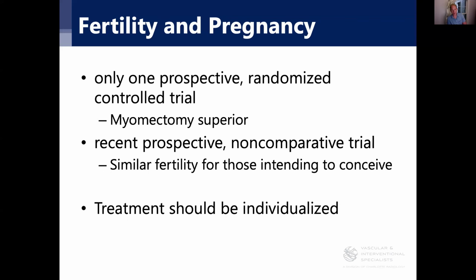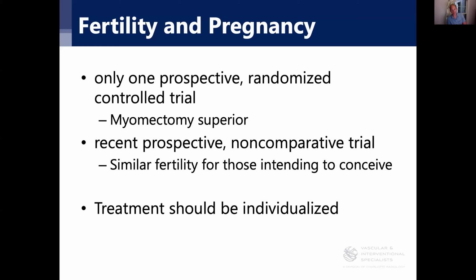There's one prospective randomized control trial where they showed myomectomy being superior. This is a pretty flawed study. Almost everyone comments on that. There was an 11% failure rate in UAE, which would not meet any of our standards. It's a procedure where we fail in single digits out of thousands, really.